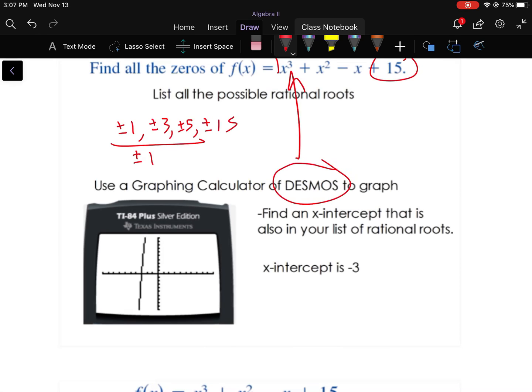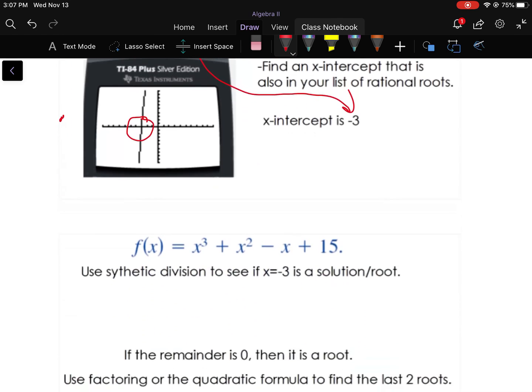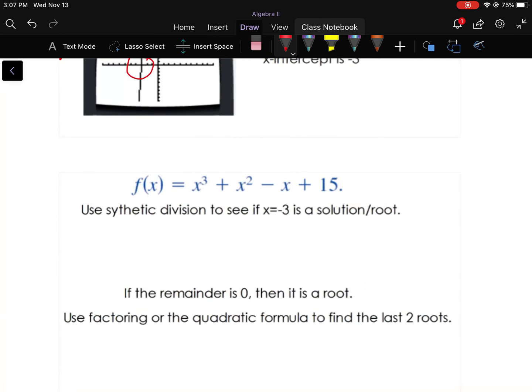You're going to see where it crosses the x-axis, and I notice it crosses right there, so I'm going to say x is equal to negative 3. Well, that is one of my possible rational roots. So this list, along with this graph, helps me decide that x is possibly one of my answers. How do I know for sure?